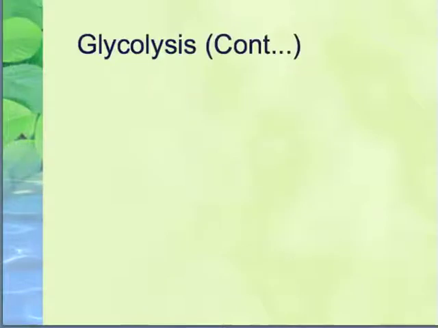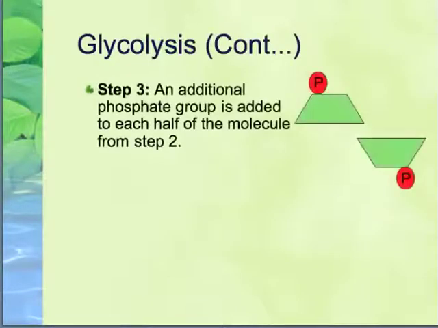Continuing on with glycolysis, the third step is that an additional phosphate group is going to come by to each half of the glucose molecules with the phosphates. This is pyruvic acid, all right?